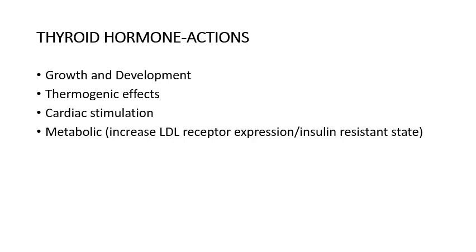So it increases the heart rate and the force of contraction, and actually thyroid hormone has a non-genomic effect also. We know thyroid receptors are present in the nucleus, and the main action is through genomic modification by modifying the gene transcription, but thyroid hormone also has a non-genomic effect. It produces vasodilatation by releasing nitric oxide.